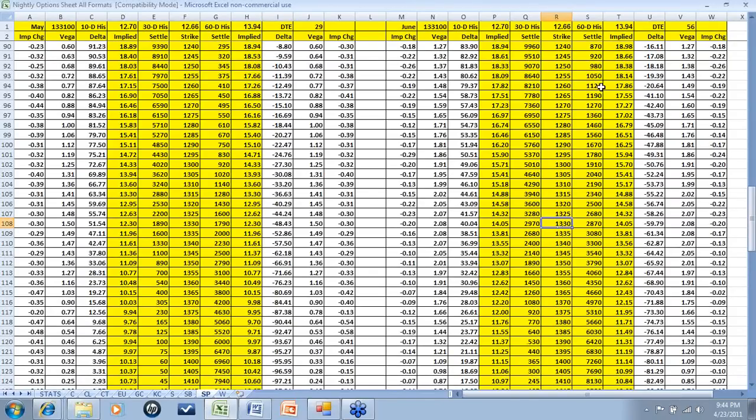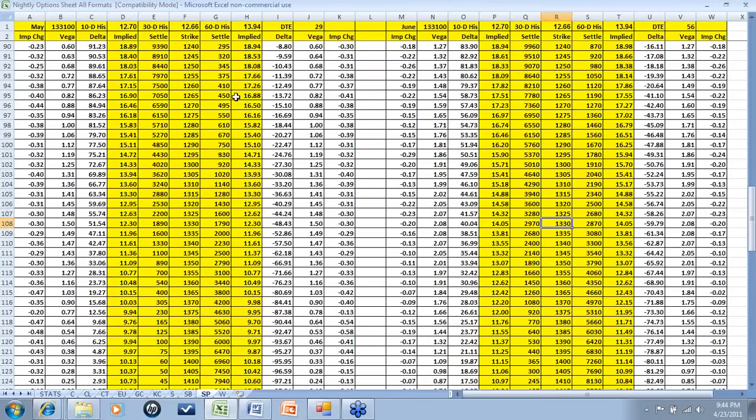So what you see there is the put is 1120 and the call is 365. That's a pretty dramatic difference in price considering that they're both 70 points away. Now, if you go over here in the May, where there's much less time available, if you go 70 points away, the differential between prices has narrowed quite a bit, considering that the 1260 put is only 410 and the 1400 call is 60.